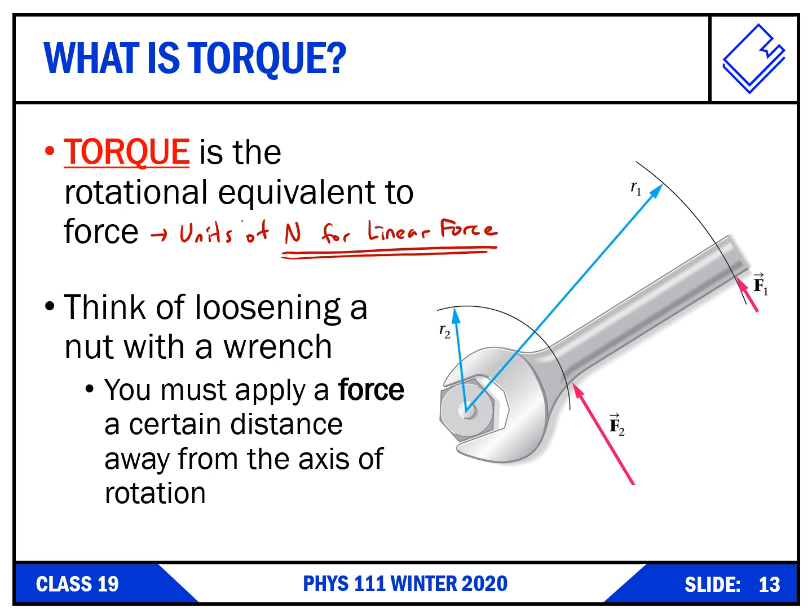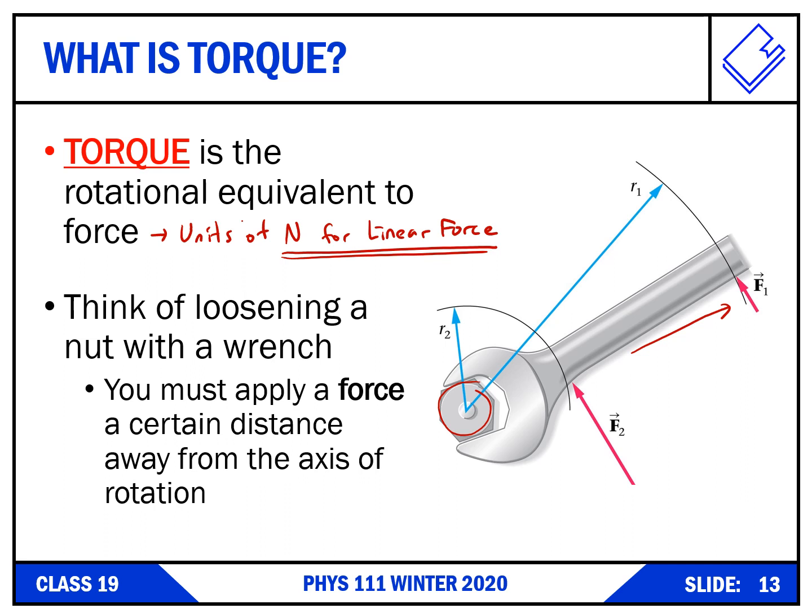So think of loosening a nut with a wrench. In the picture to the right, you can see this nut, and we're trying to loosen it with a wrench. And if you've ever used a wrench before, you'll probably notice that it's easier to apply a force down the arm of the wrench than it is to apply a force closer to the axis of rotation.